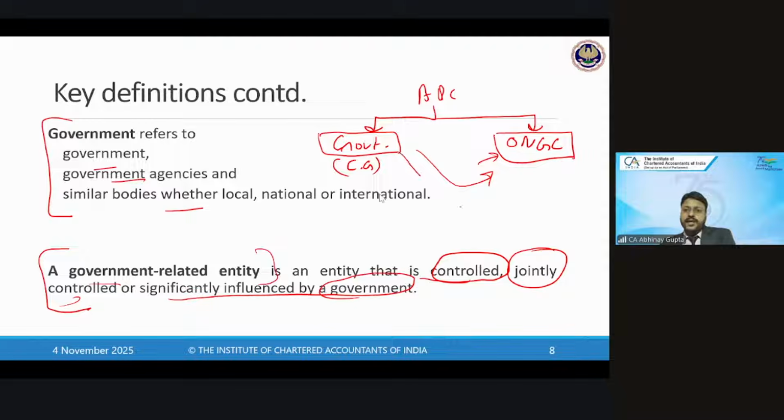And if the government has, say, 20% or 21% stake with the rest held by the larger public or other investors, the government still has significant influence, so it is covered in this definition. The special disclosures and exemptions we will cover later; for now, understand these are the two categories of special parties.